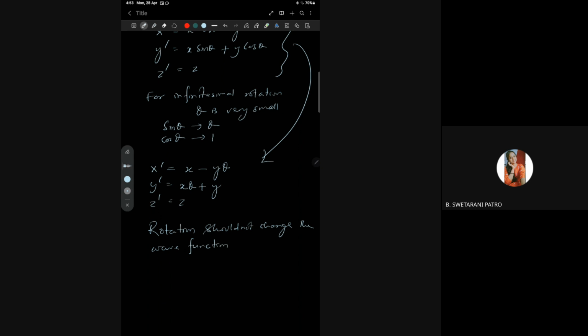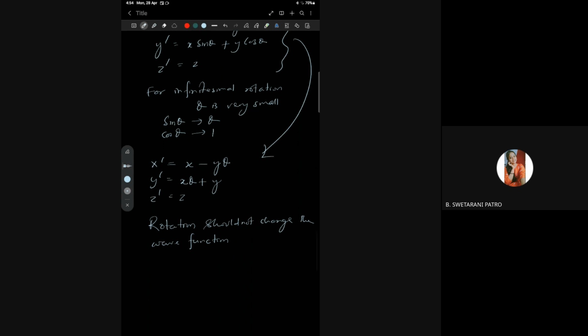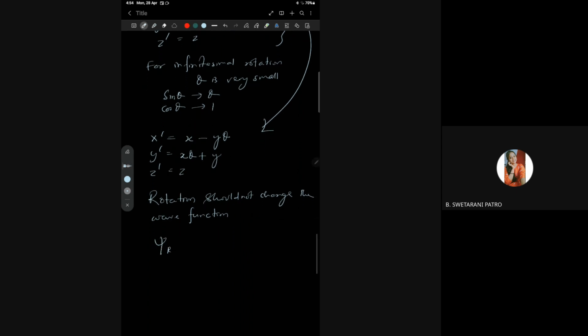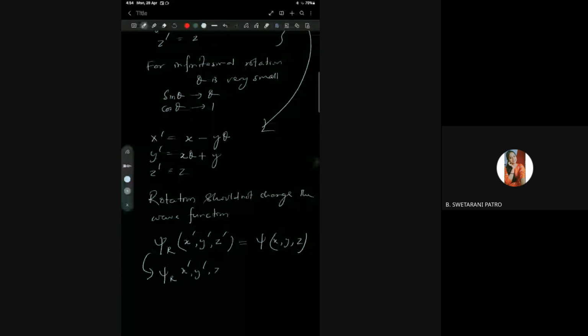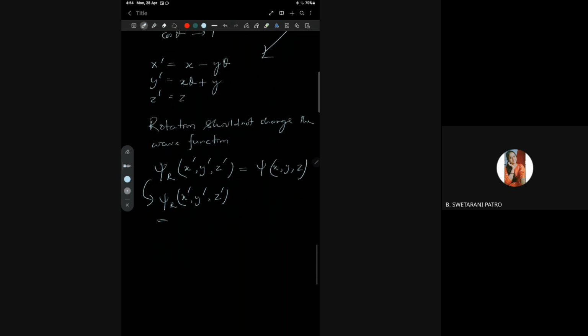All right. So in that case, what can we write? My psi rotated at x prime, y prime, z prime must be equal to psi of x, y, z. Now what is psi rotated at x prime, y prime, z prime? That I can write.